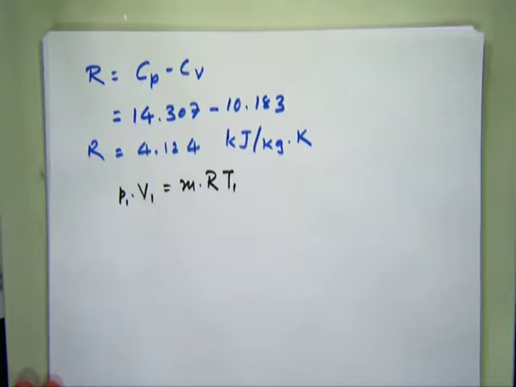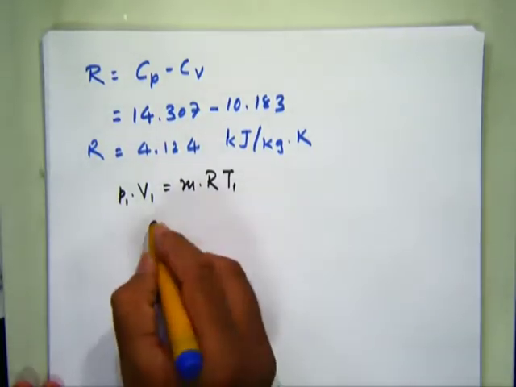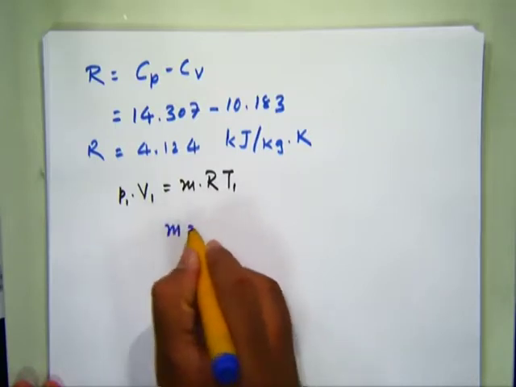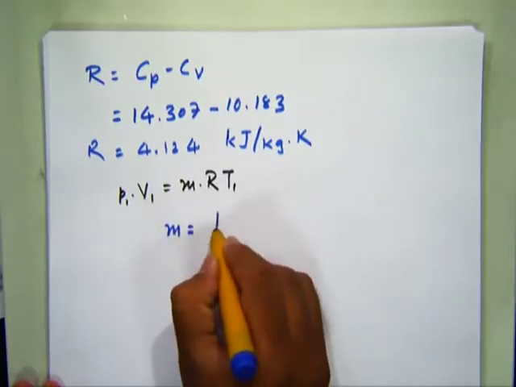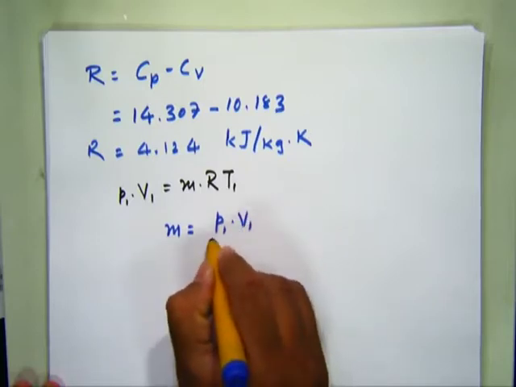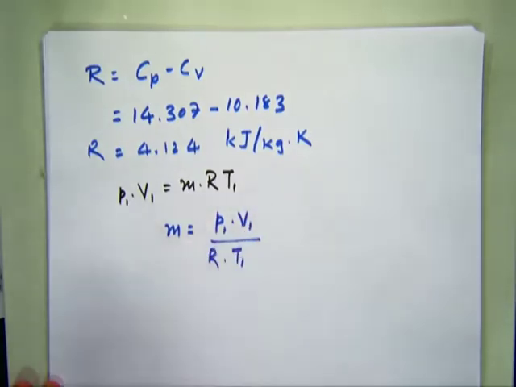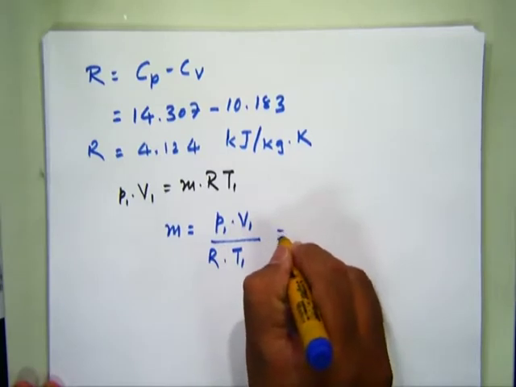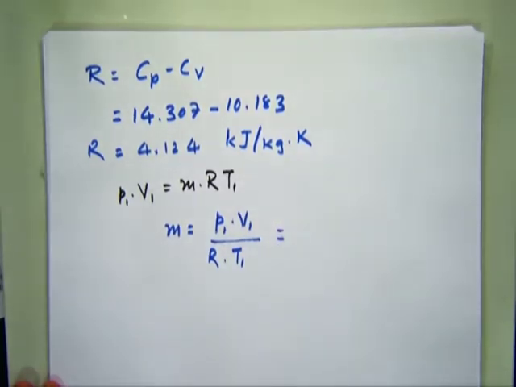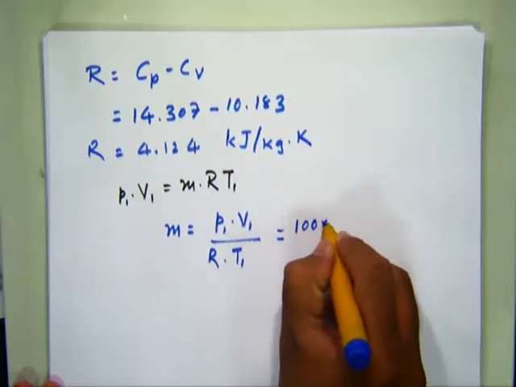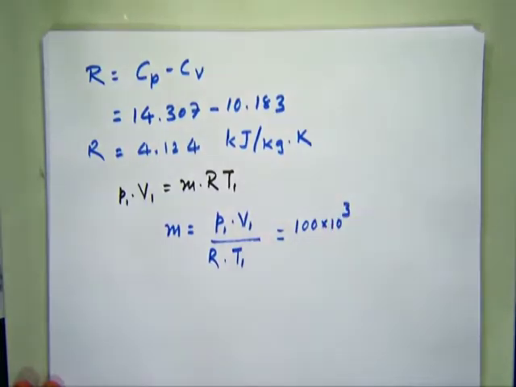From this characteristic gas equation, mass you can find out, m is equal to P1 V1 upon R T1. This is equal to the initial pressure we had, 100 into 10 raised to 3 Pascal.